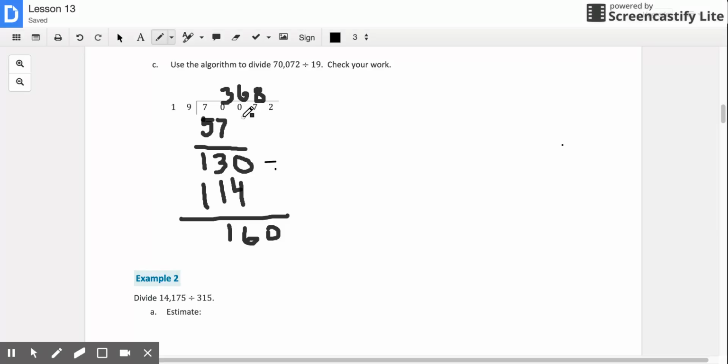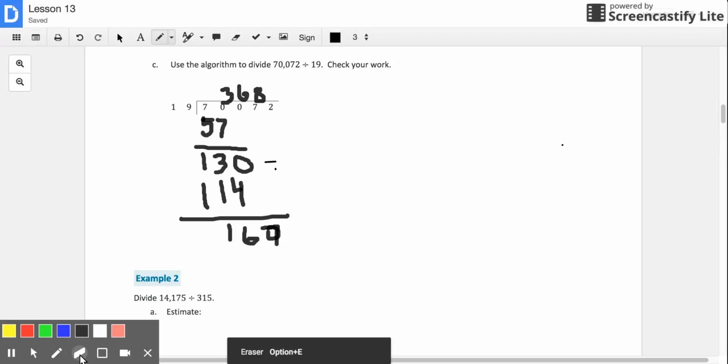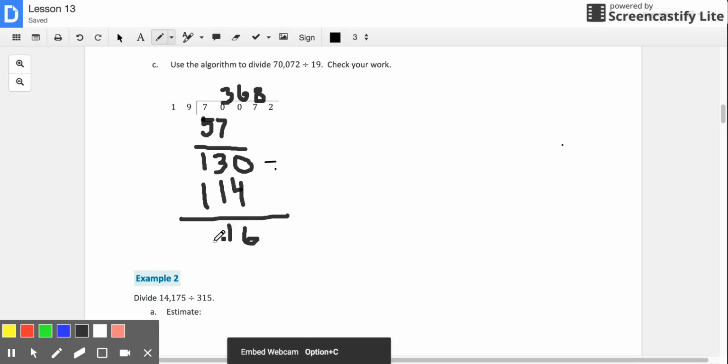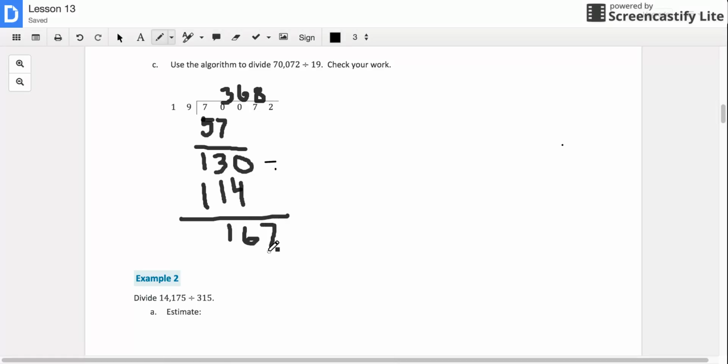Sorry, eraser. This is supposed to be 167. We're bringing down the 7. Okay, I was worried my numbers aren't lined up, but they are lined up. Yay. So 8 times 19 gives us 152.